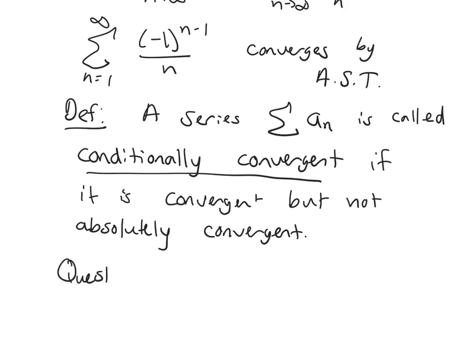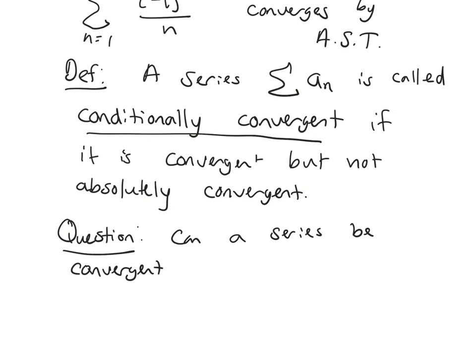So the second question we want to ask: can a series be convergent but not absolutely, or sorry, can it be absolutely convergent but not convergent?